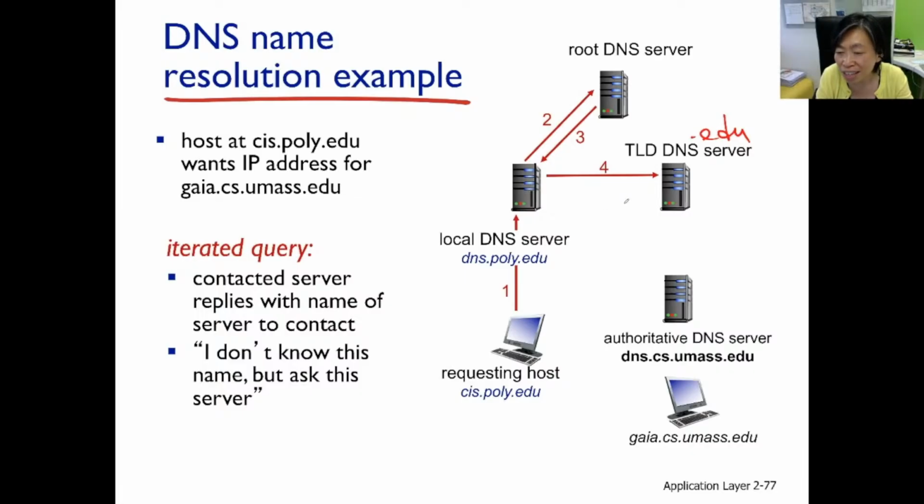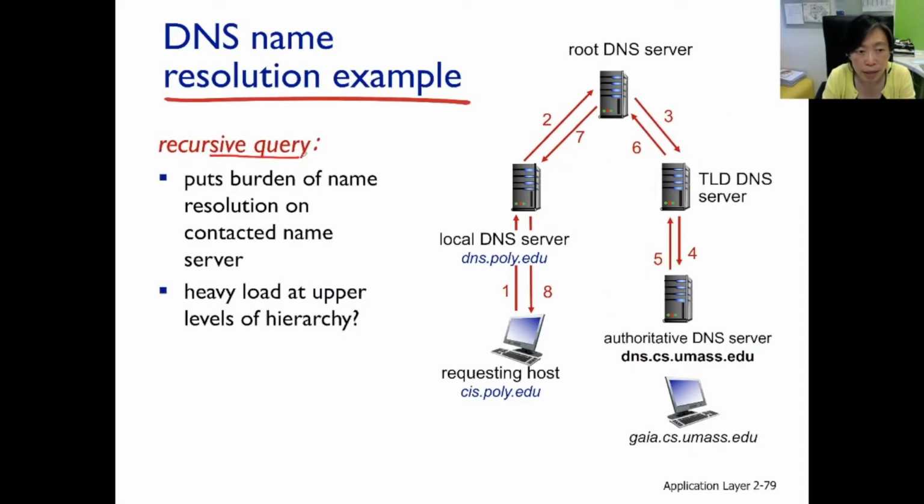The TLD DNS does not know the IP just yet, but the top level domain DNS does know the IP address of the authoritative DNS server, so that will be sent back. And the local DNS server sends the query the third time to finally the authoritative DNS server. And finally, the IP address for Gaia.cs comes back to the local DNS server. The local DNS server forwards that back to the requesting client, and it's happy about it.